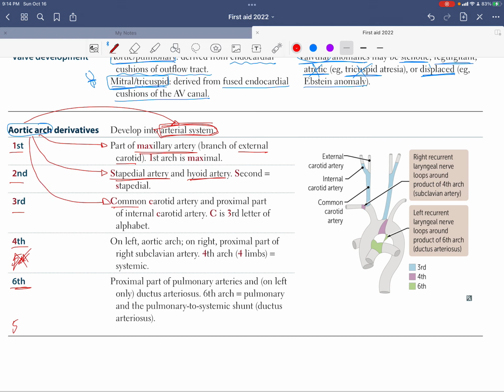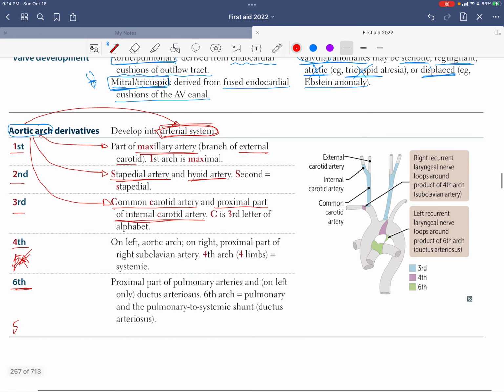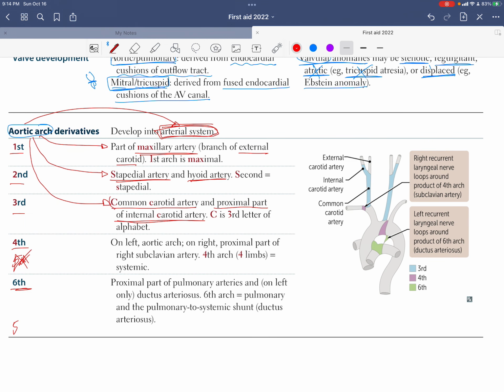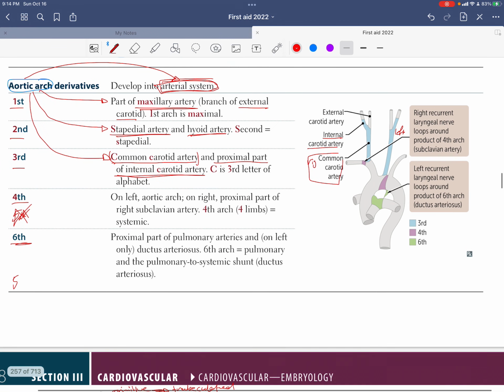And for the third, the aortic arch gives rise to the common carotid artery and the proximal part of the internal carotid artery. So that shows here, it's the blue color. The blue color, as we said, is the common carotid artery. So this is the left common carotid artery, the blue thing, and this is the right common carotid artery. And of course, part of it is the internal carotid artery.